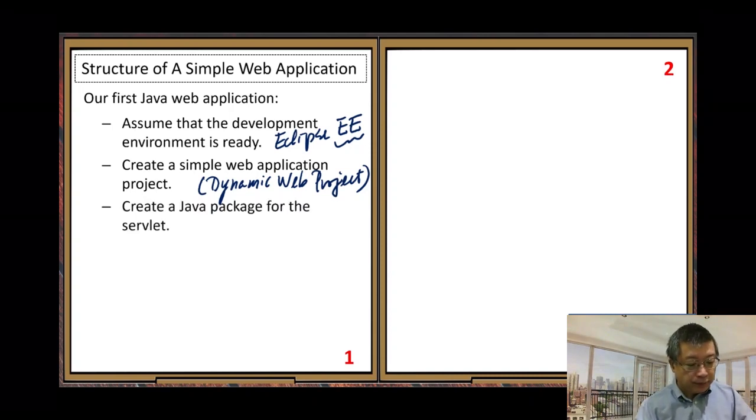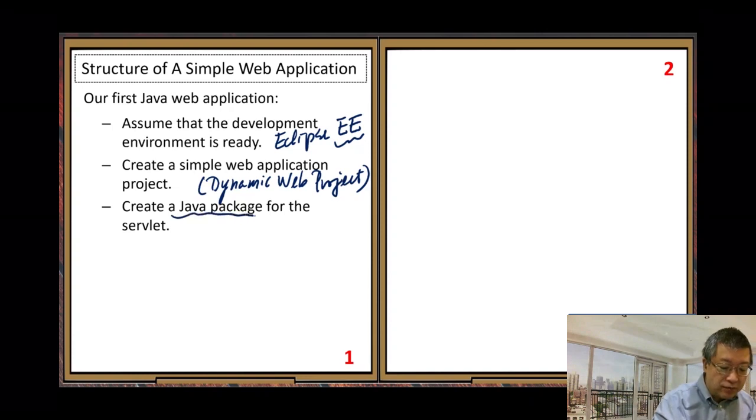All right. Next step, create a Java package for servlets. In order to write Java code, you need to do this step, the Java package. By default, after you create a dynamic web project, you don't have it.